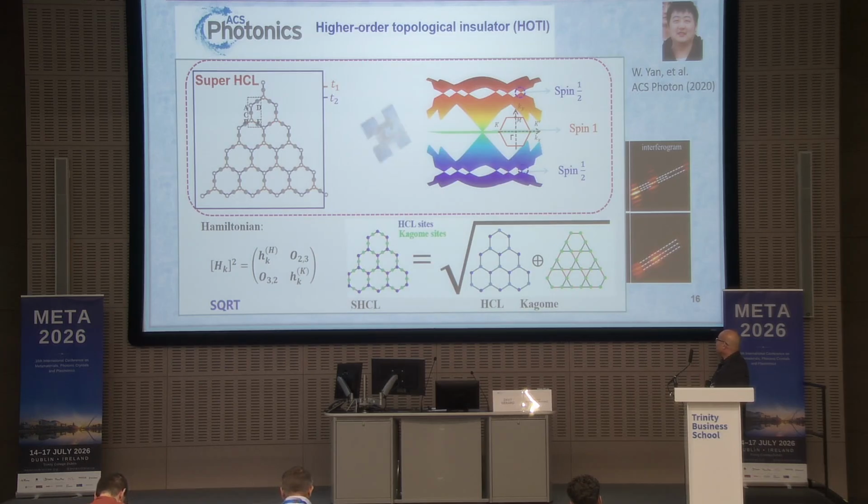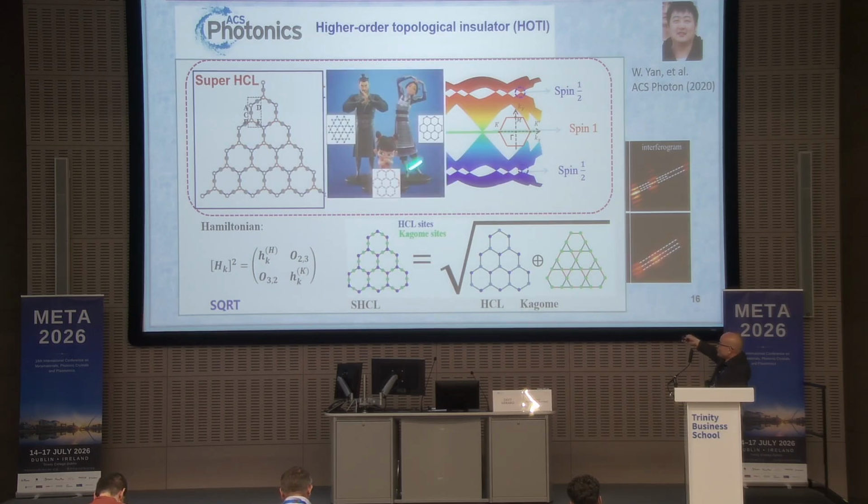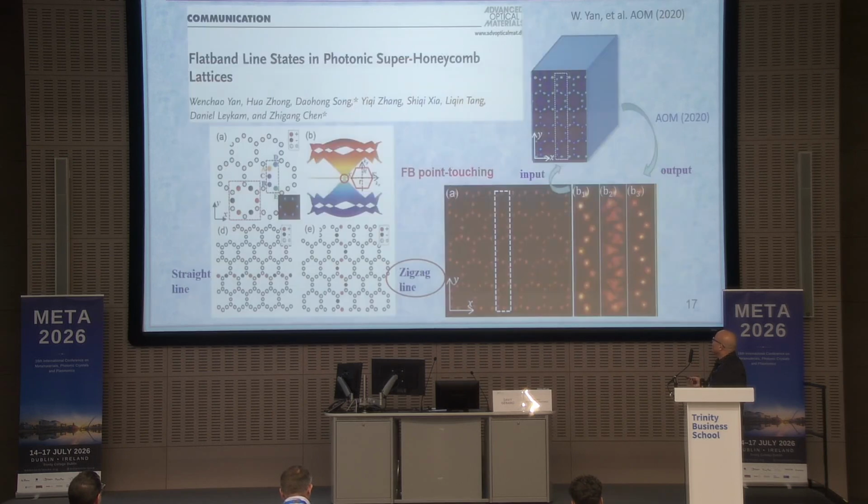This cartoon shows that in some way the superhonical lattice is like the daughter lattice of the Kagome and the honeycomb lattice. Just with this structure, we can also demonstrate and verify that there is a square root high order corner state there. This is the line state I talked about, the real space winding, right?